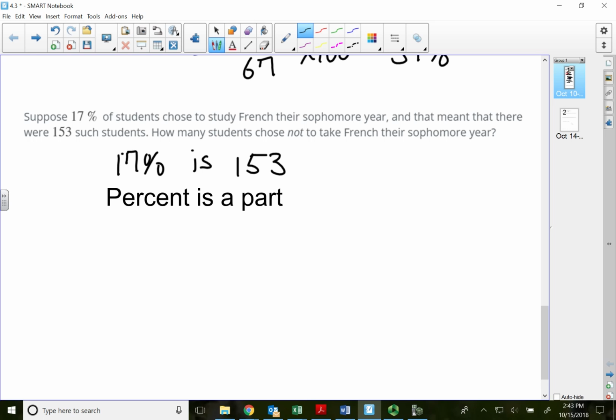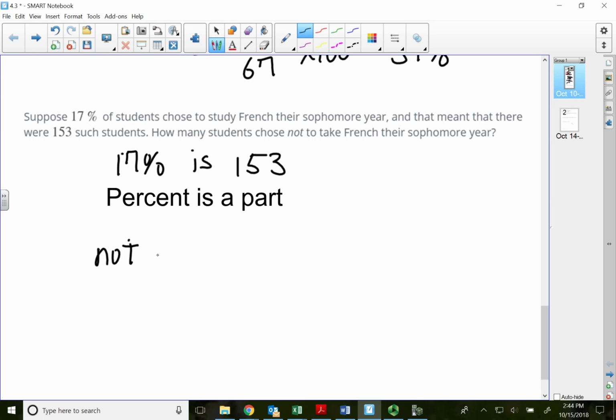That means what's missing here is the whole. So how many students choose not to take French in the sophomore year? If 17% choose to do French, then my question is how many percent is not going to be French? So I'm looking from the percent perspective.